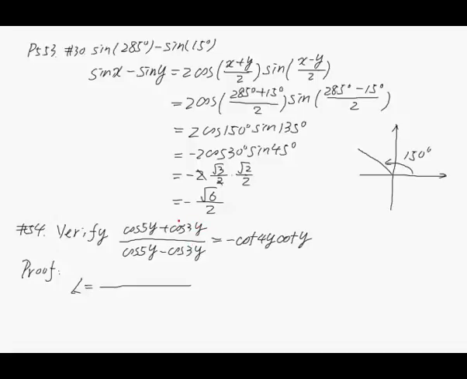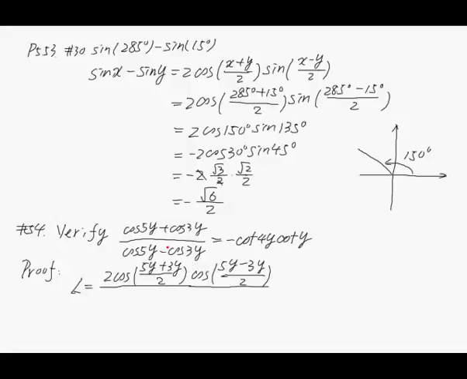So by the sum to product identity, we have 2 times cosine of (5y plus 3y) over 2, and then times cosine of (5y minus 3y) over 2.